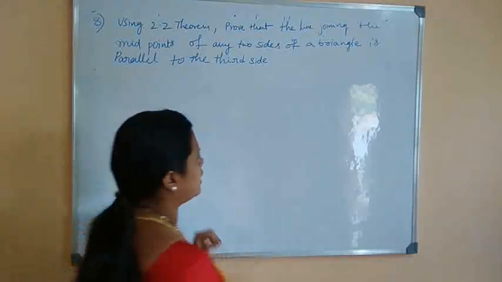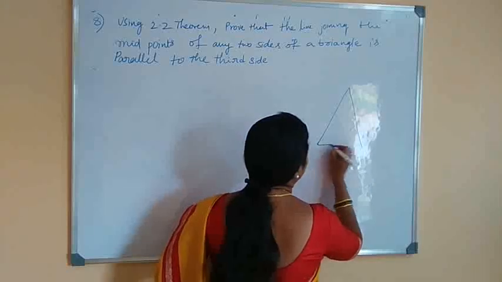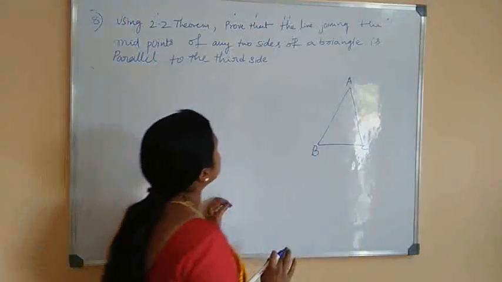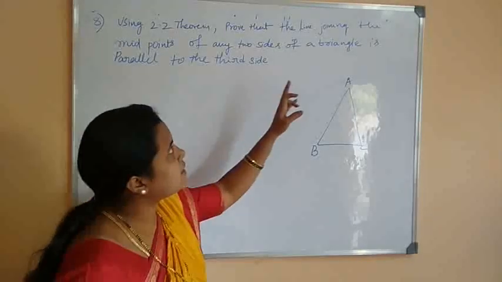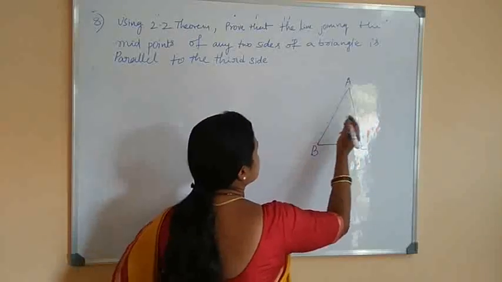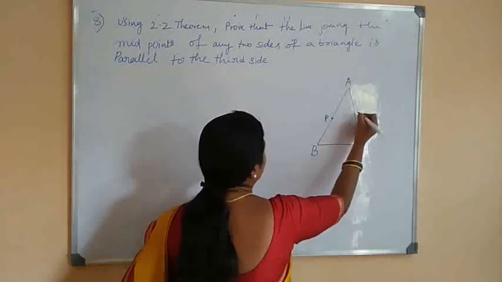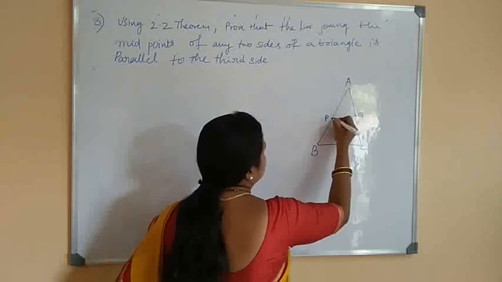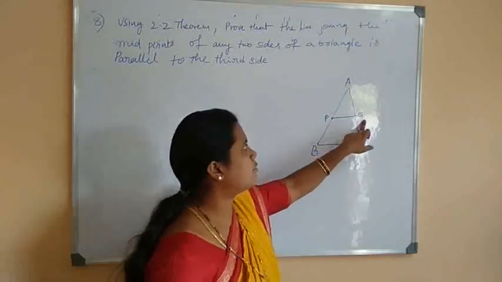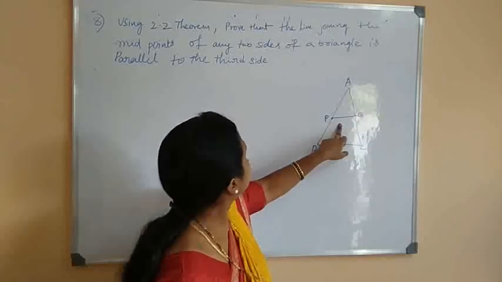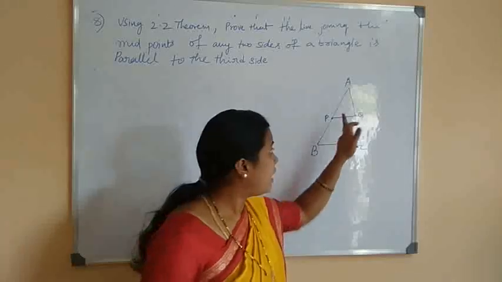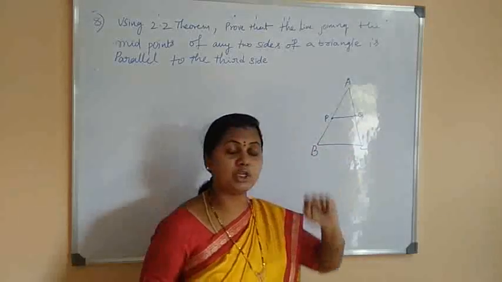Prove that a line joining the midpoints of any two sides of a triangle. Then you need one triangle ABC. It's very easy. See? Then a line joining the midpoints of any two sides. You consider side AB and side AC. The midpoints are P and Q. A line joining the midpoints of two sides is parallel to the third side. You want to prove PQ is parallel to BC.